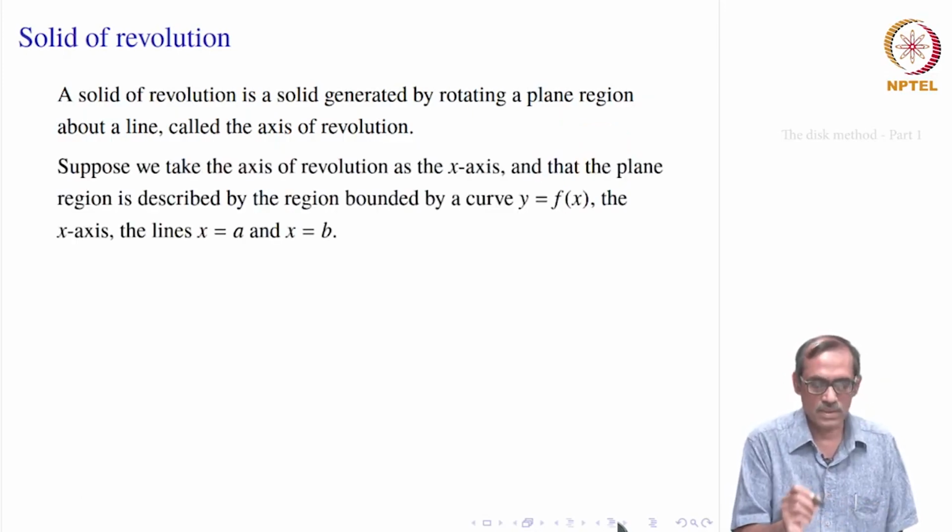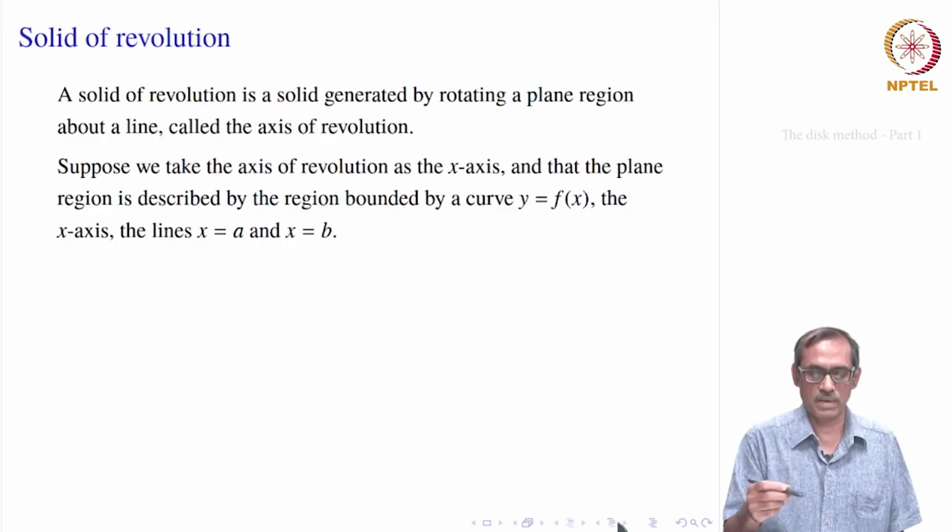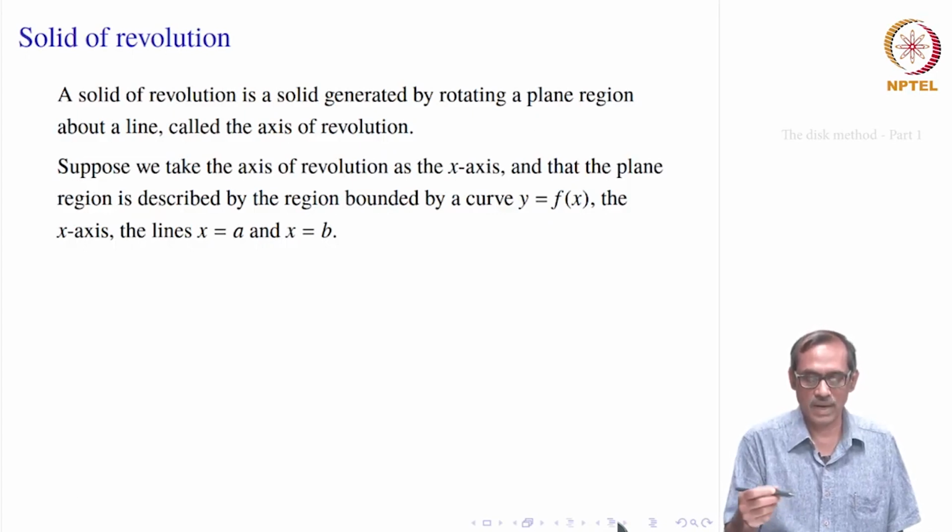So, once you have a solid which is obtained by revolving a certain planar region around a certain line, how do we go about computing its volume? That straight line is called the axis of revolution.